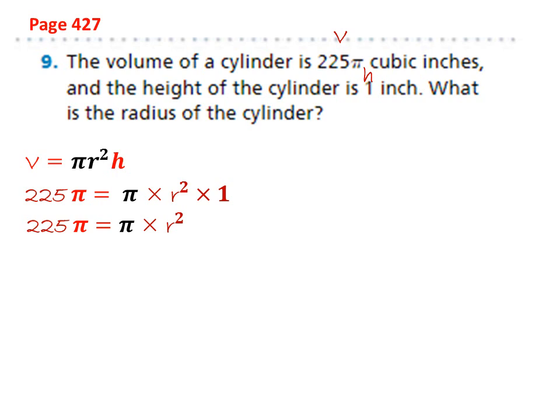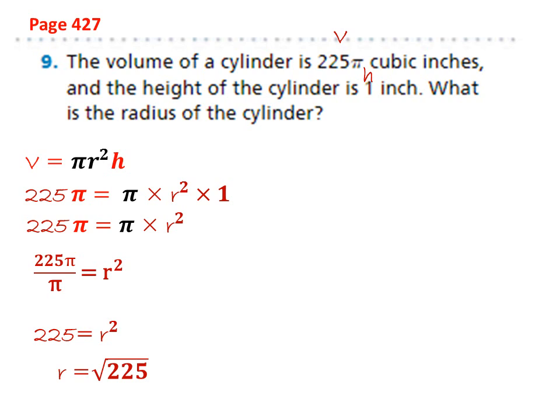Now, solve this equation for r squared by dividing by pi. So r squared equals 225 pi divided by pi. So r squared equals 225. Now solve this equation for r. So r equals the positive square root of 225.